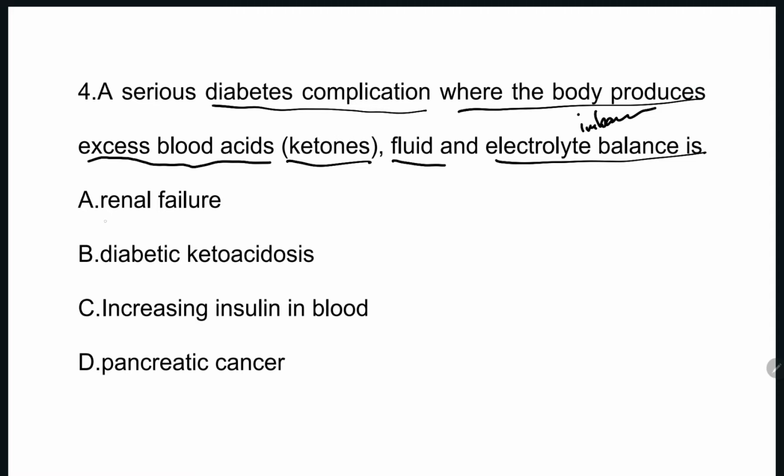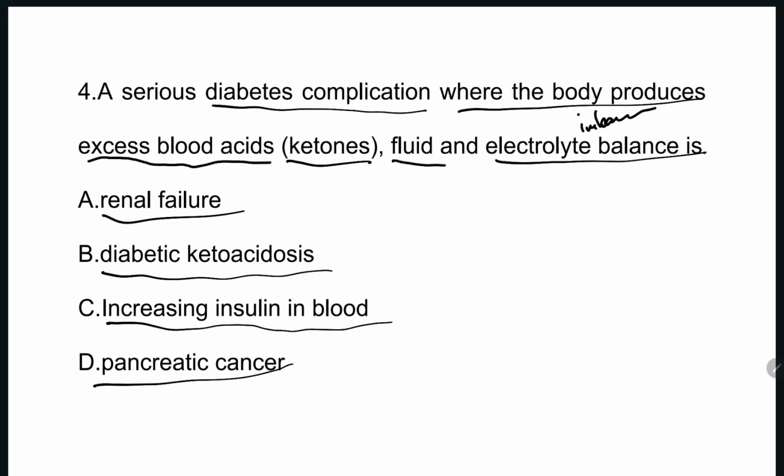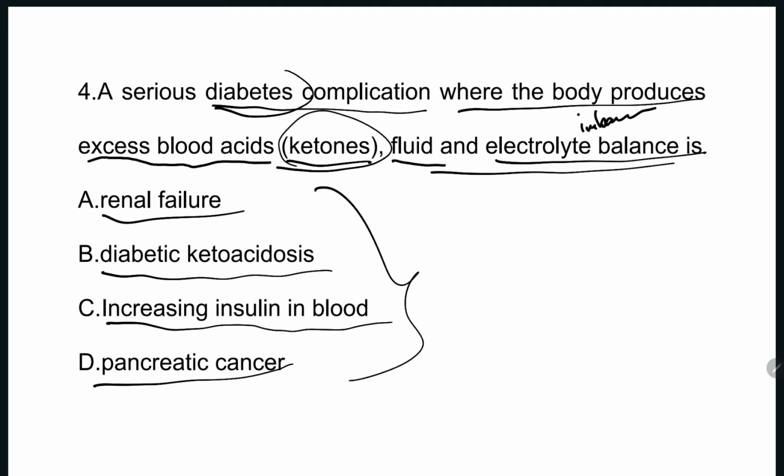The options are renal failure, option B, diabetic ketoacidosis, option C, increasing insulin in the blood, option D, pancreatic cancer. So among these, in which condition can we see the increasing of ketone bodies and fluid and electrolyte imbalance in the blood?